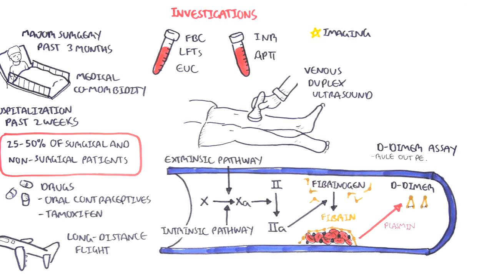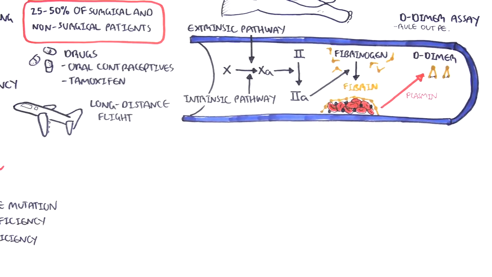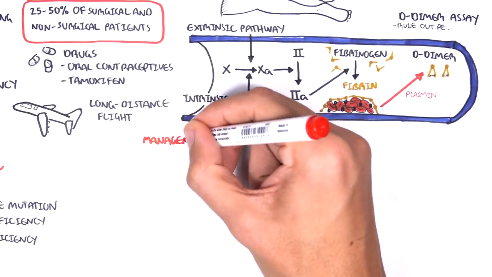However, testing for D-dimers is not very specific for deep vein thrombosis, as elevated D-dimers also occur in a number of other conditions, including pregnancy as well as post-surgery. And so measuring D-dimers is often not useful, but sometimes it is useful in ruling out pulmonary embolism or deep vein thrombosis. Let's move on to management, which is mainly anticoagulants.